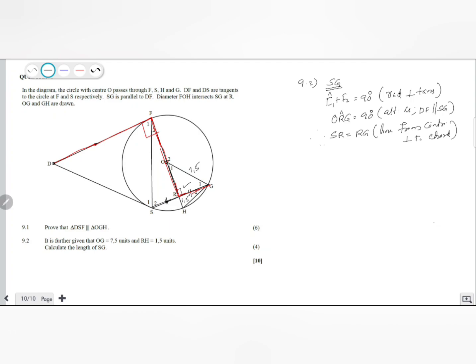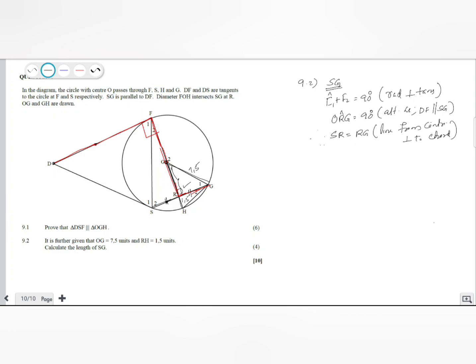If you know RG, did you see a right angle triangle and OG is 7,5, then isn't it OG and OH, they are radii, isn't it? OG and OH. And from R to H 1,5, then what is O to R? 7,5 minus 1,5, isn't it?